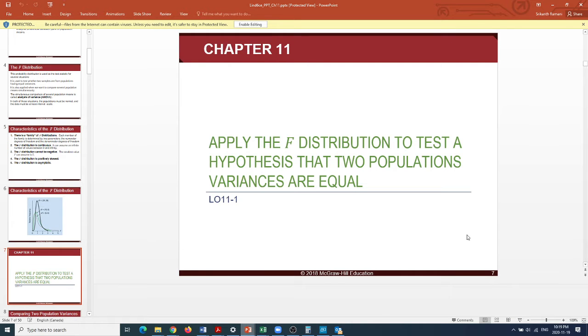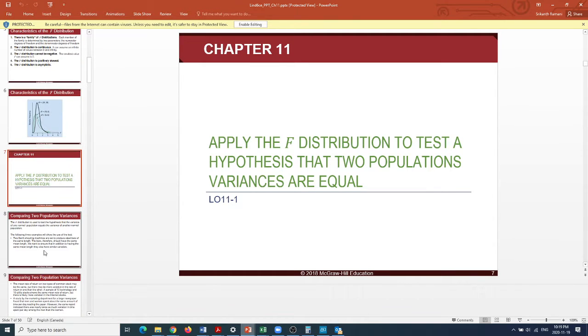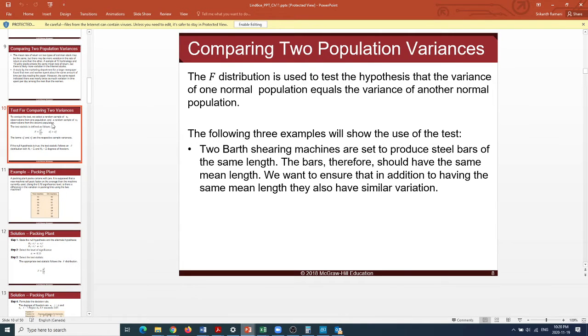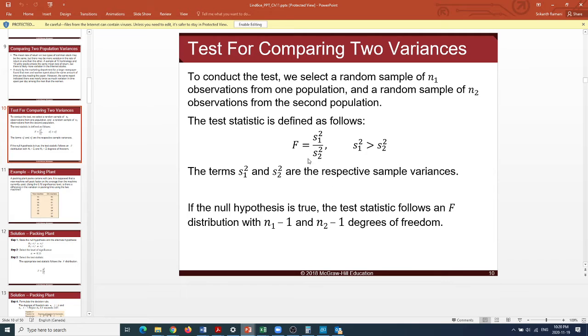And you could use this F distribution to test a hypothesis, to see if two samples or two populations have similar variances or standard deviations. Let's look at an example of how you do this. By the way, the test statistic is just the variance of the first sample divided by the variance of the second sample.